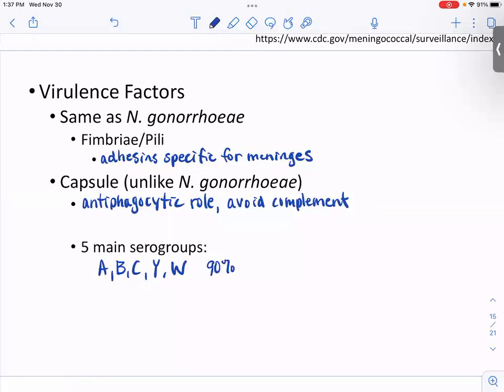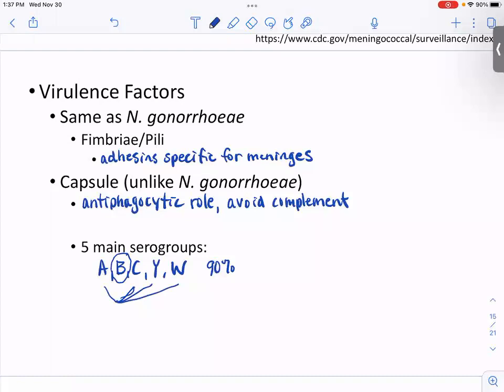Okay. Some recent serotypes. So we'll get to this in a minute. The vaccine includes the A, the C, the Y, and the W. Now, unfortunately, some of the recent cases have been due to an organism with a type B capsule.